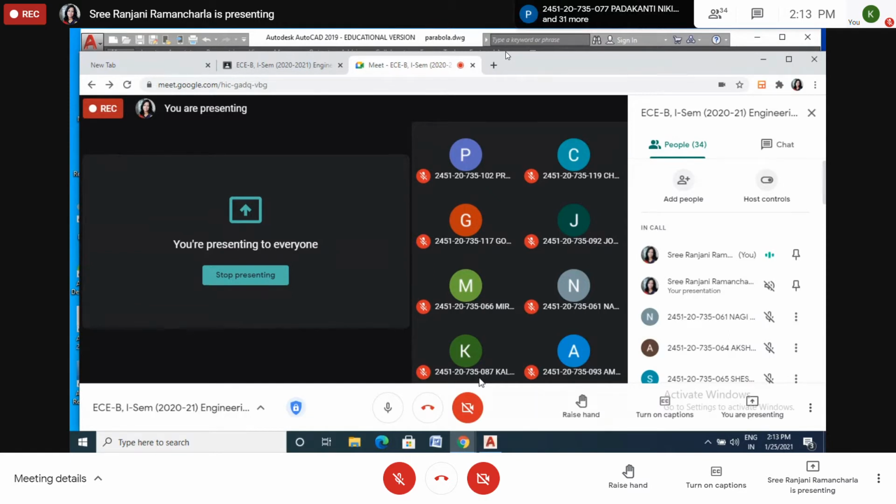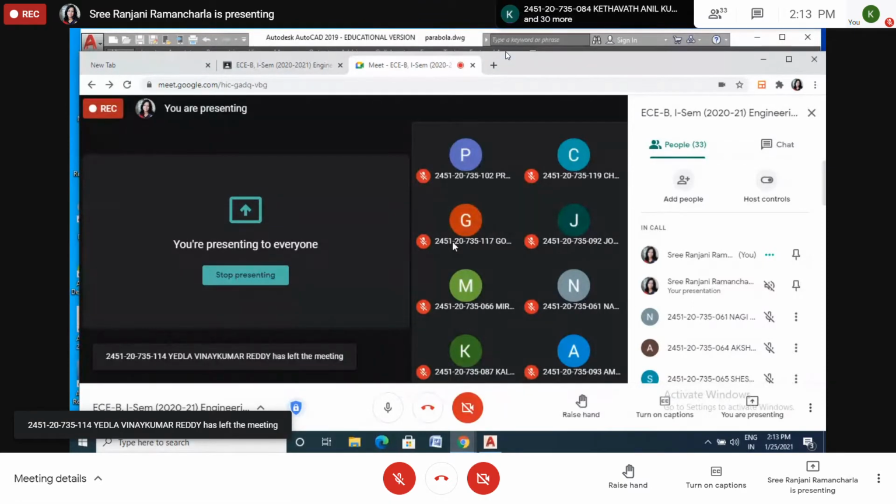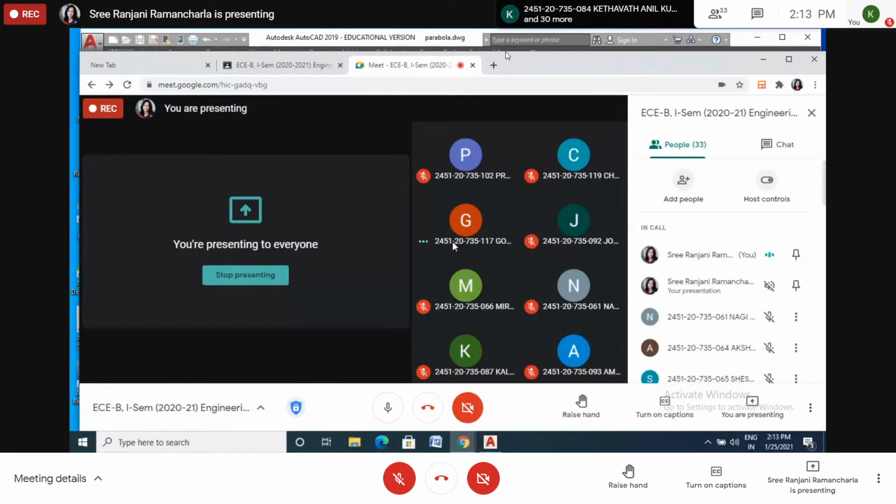Roll number 117. What are 3 consecutive units in this problem?